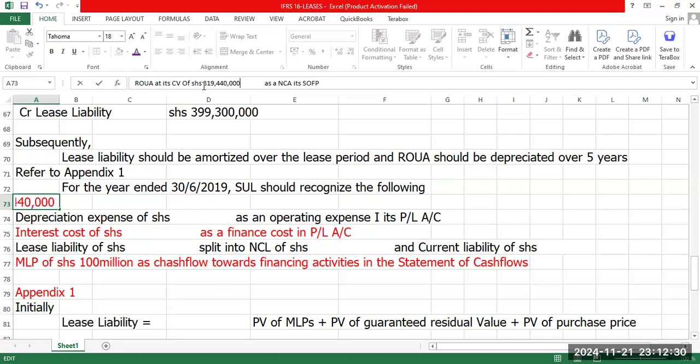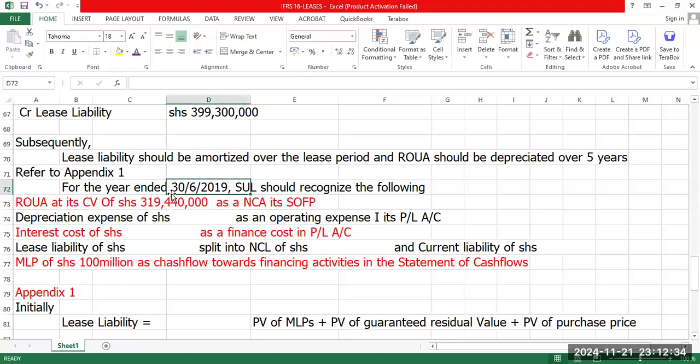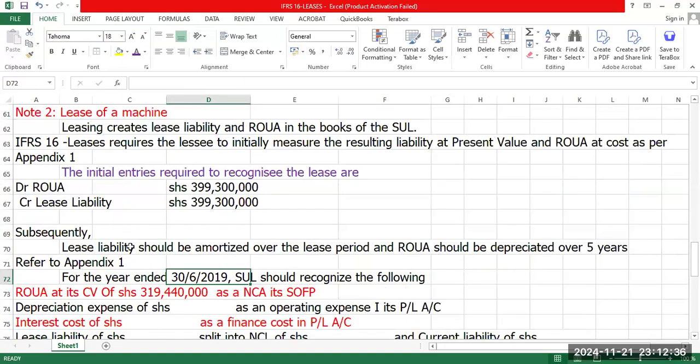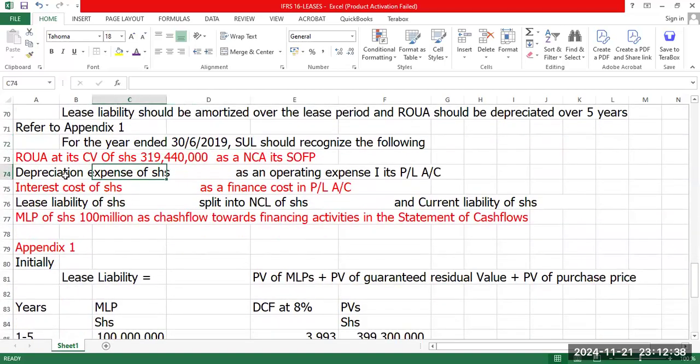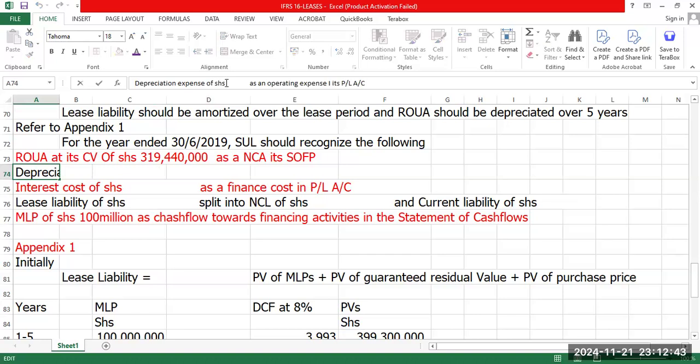Perfect. That's what I record. Then I also record the depreciation. Our depreciation is how much? 79,860. Okay, that's what we record.